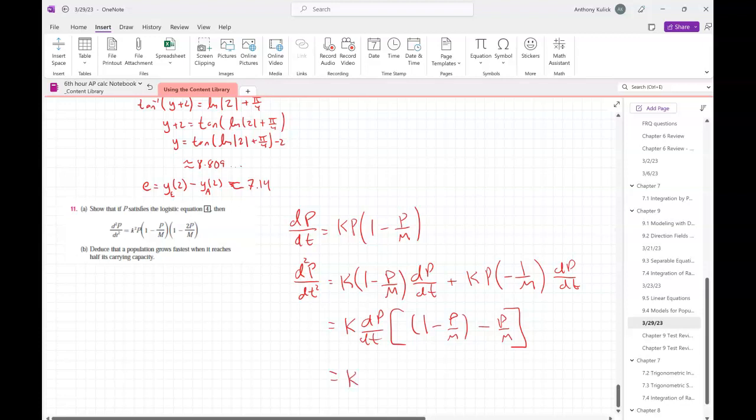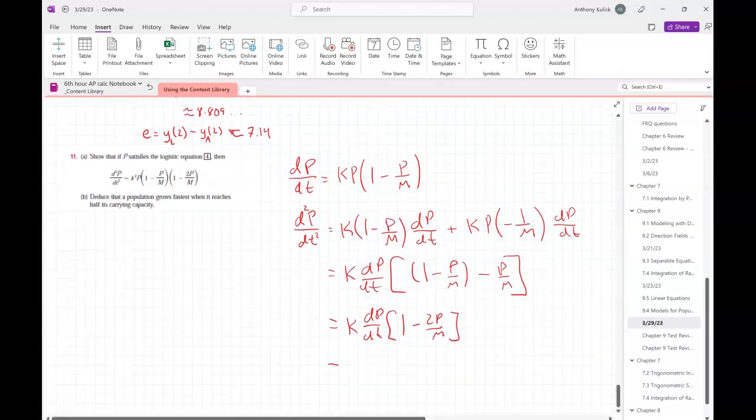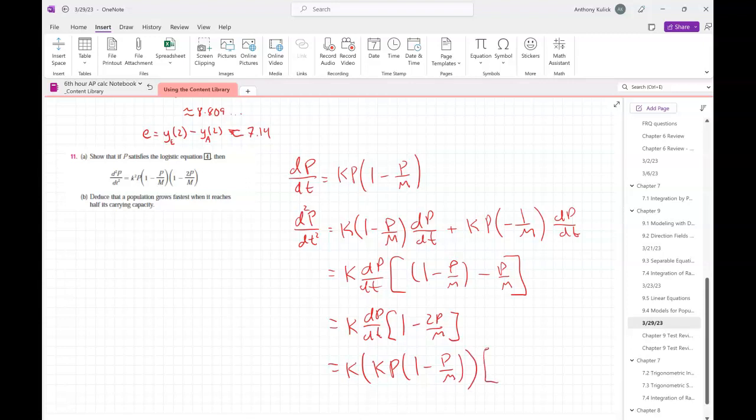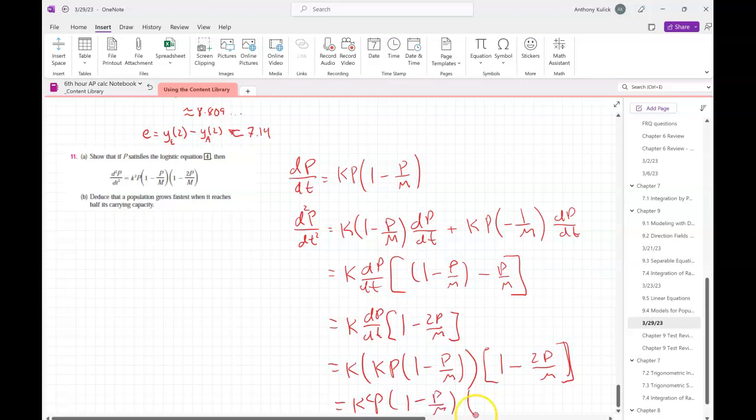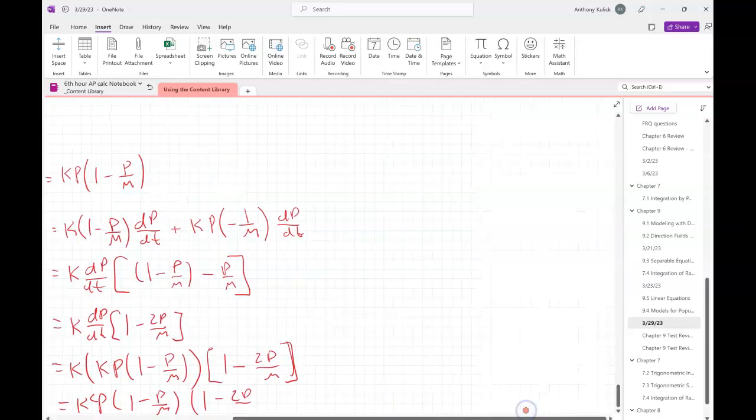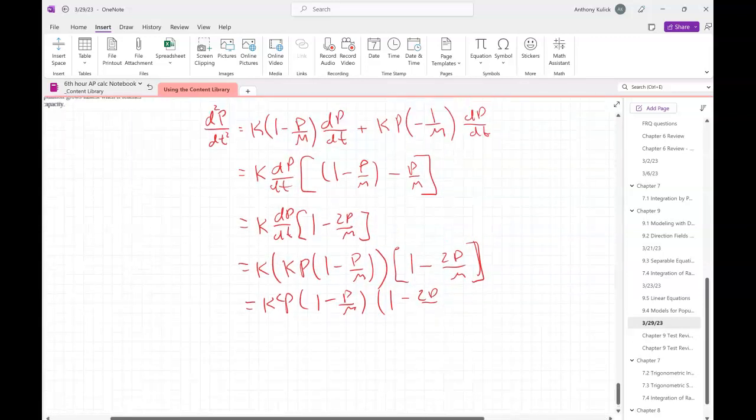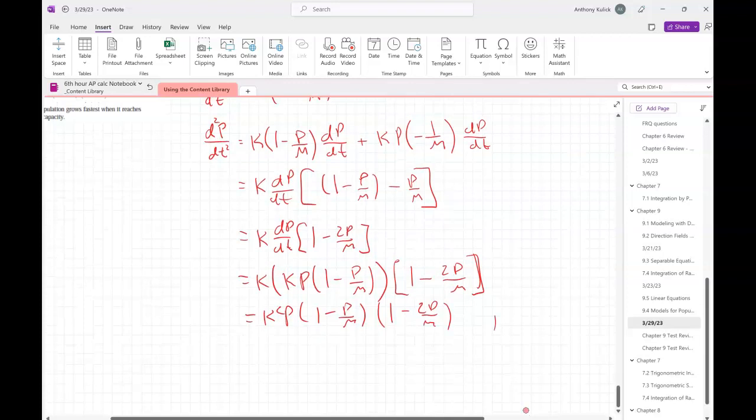This stuff can just combine because they have common denominators. And then I'll just drop back in the equation for dP dt. And then, oops. That's what we're supposed to get.